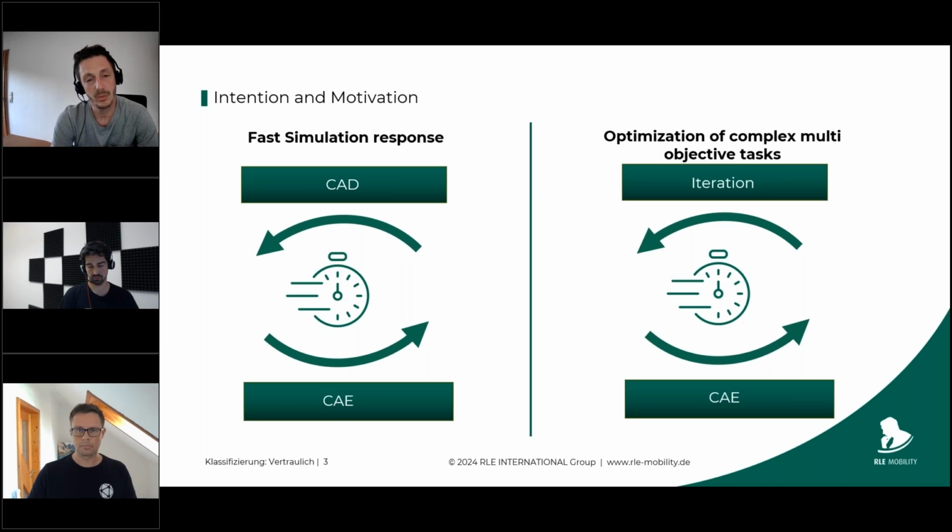On the other hand, we have a lot of optimization problems which are becoming more and more complex, now and in the future. Therefore, it is important to have iteration times as short as possible. Depending on the problem, it is mainly not possible to optimize to the final optimum, because it takes too much time to iterate.